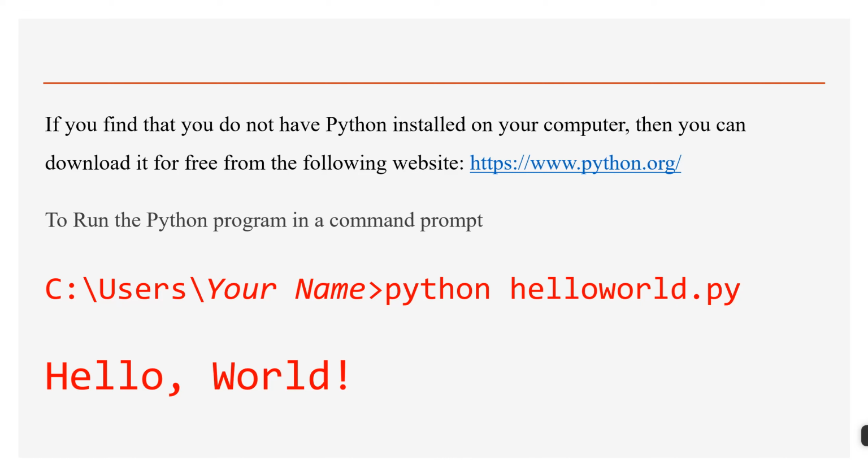Now, this is the way wherein I can go to the site to download the Python, and using text mode, I can run the Python. The command to run the Python in the text mode is python space name of the file dot py. So this is a method of running a Python program in the command prompt.